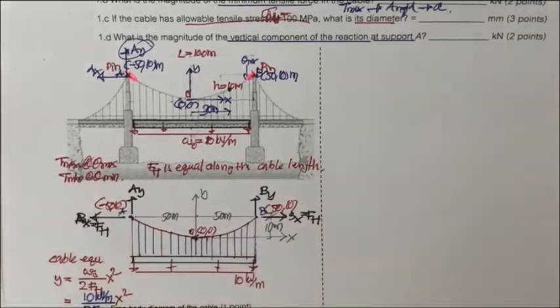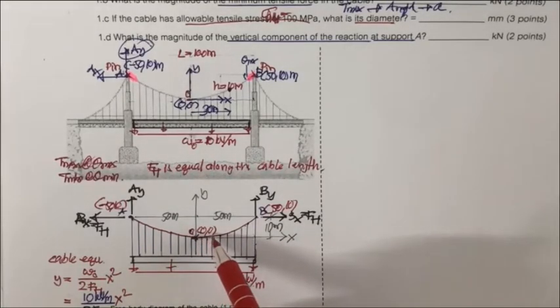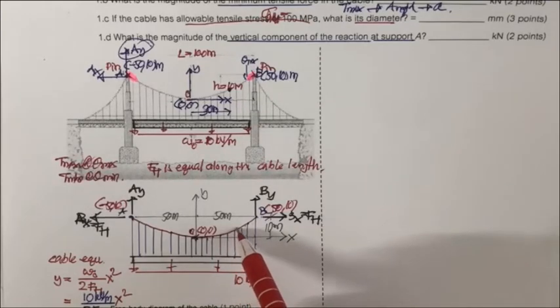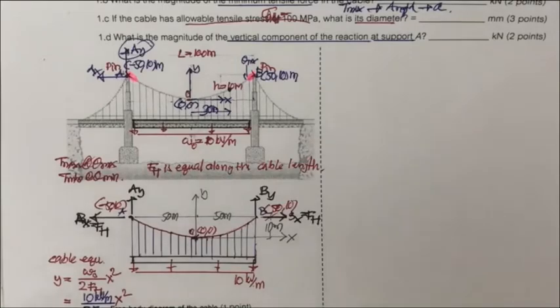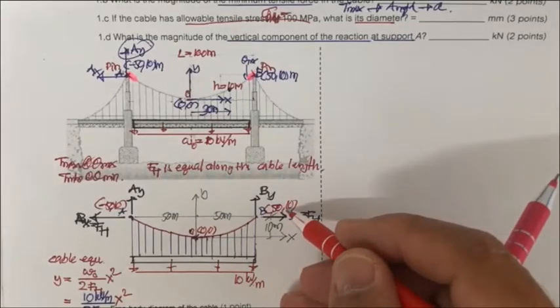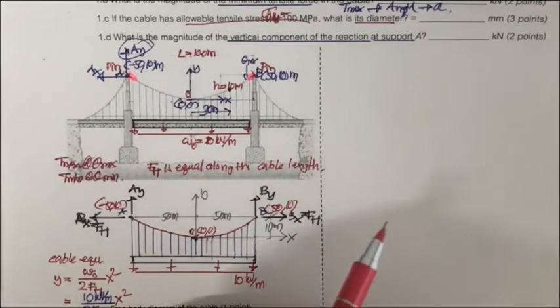This is the equation of the cable. If we know F sub h, we can write the equation of the cable, and we can find the coordinate along this cable length. To do that, we may use the coordinate of point B.